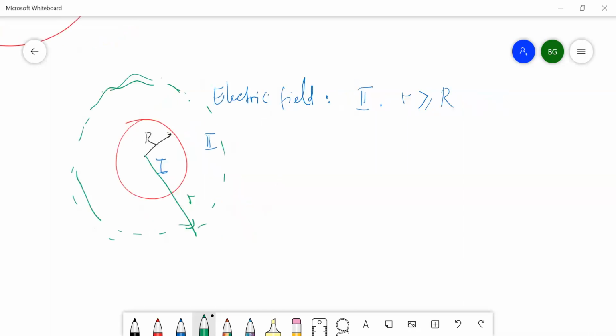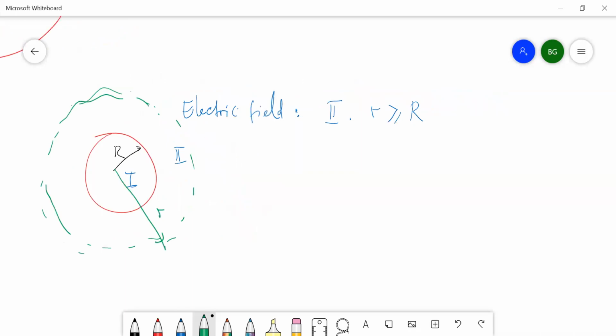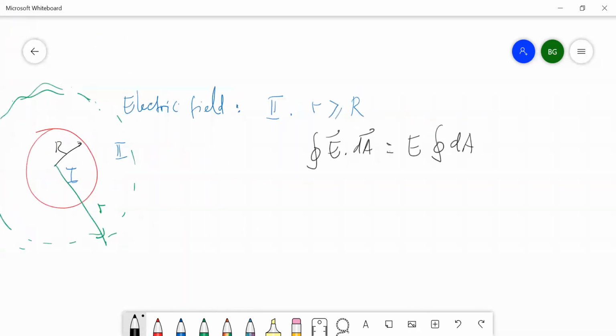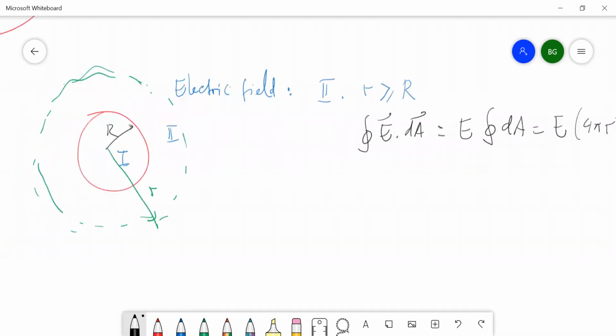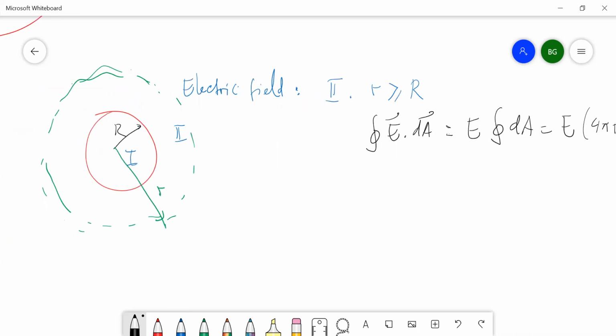So the integral of E dot dA equals E times the integral of dA, and this equals E times 4 pi little r squared, because little r is the radius of the Gauss surface.